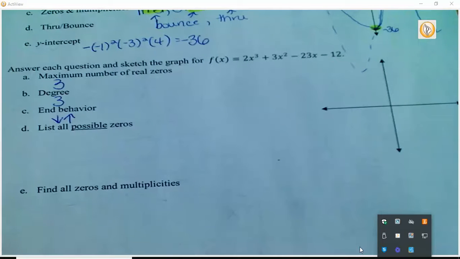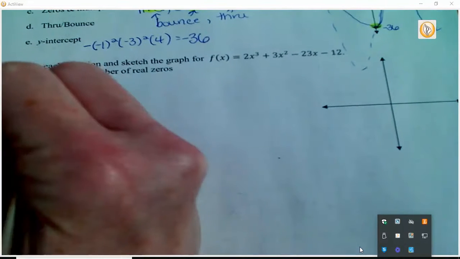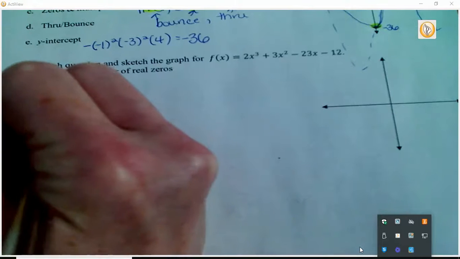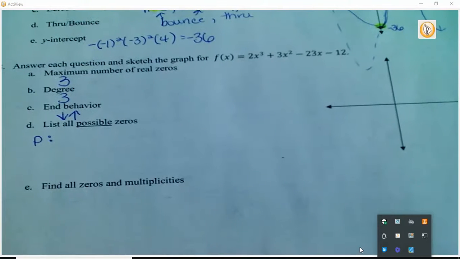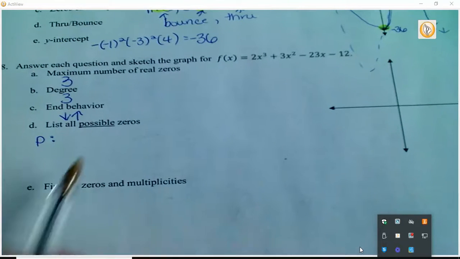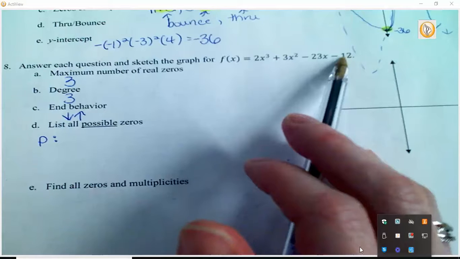Okay, list all possible zeros. We did this on Thursday. We talked about the P's and the Q's. So the p-values come from where? The constant.